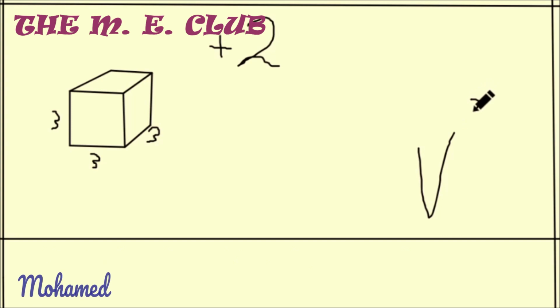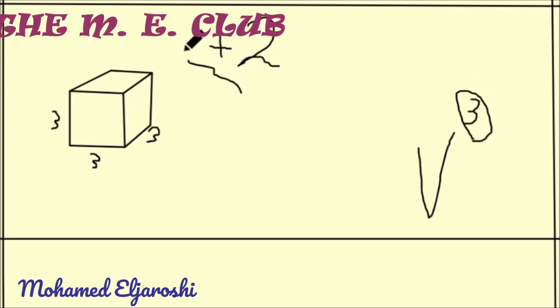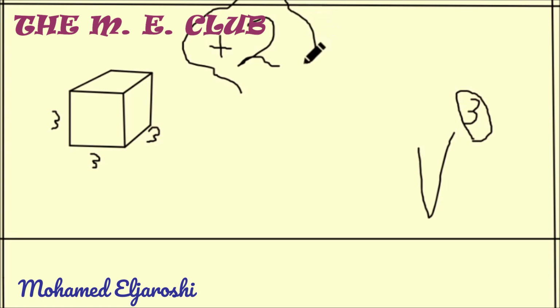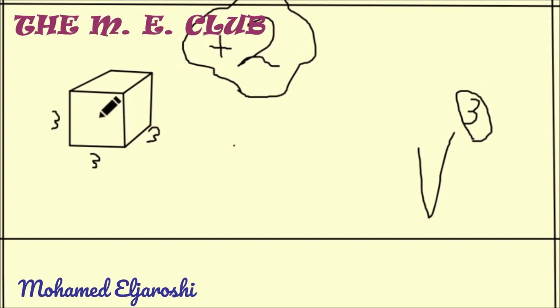So first step we do, we take the cube and put it on the scale factor. So 2 cubed is what? It's like 2 times 2 times 2. We multiply the scale factor by itself 3 times because the volume is cubed, and then take the new number and multiply it by the old volume.